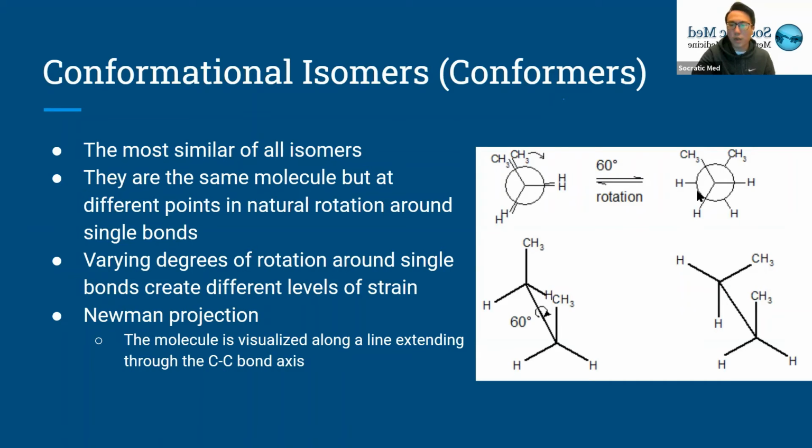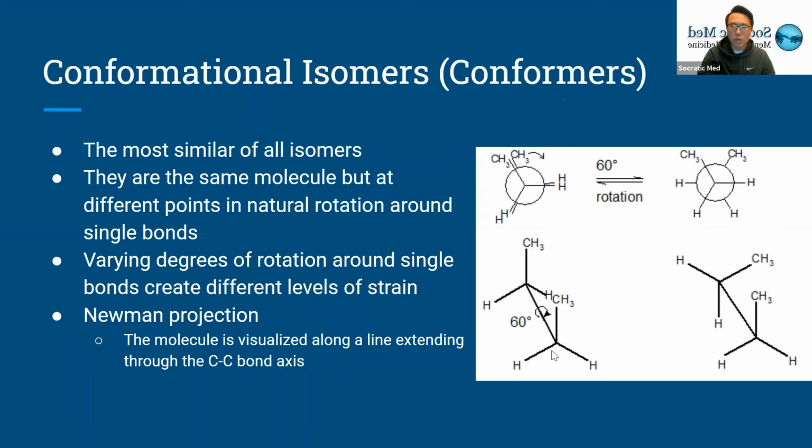This would be more favorable because the substituents aren't directly on top of each other, creating strain on the single bond. And then on the bottom, it's a more detailed representation of how the bond looks between the two carbons.